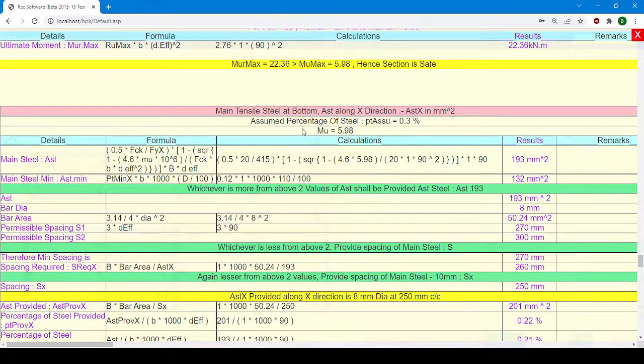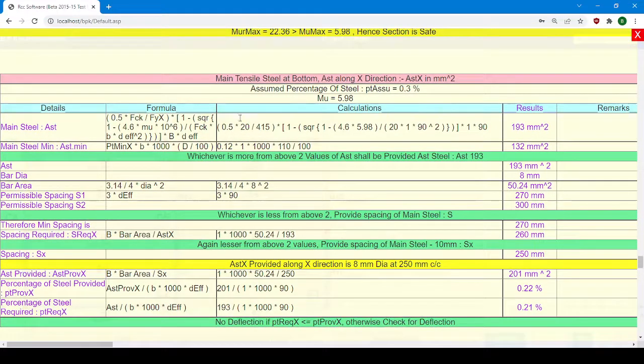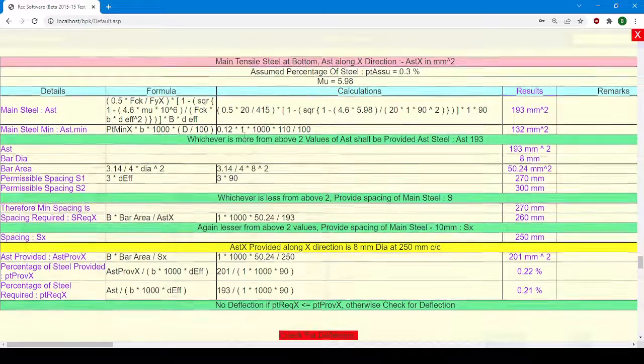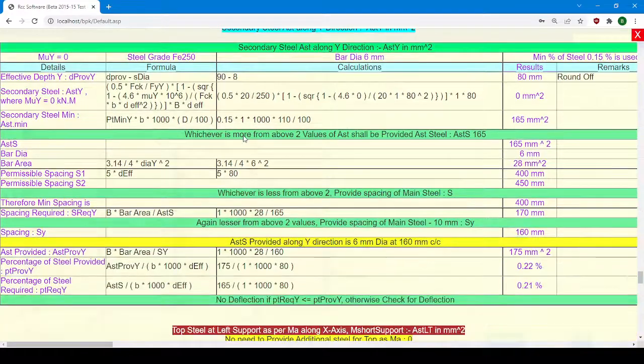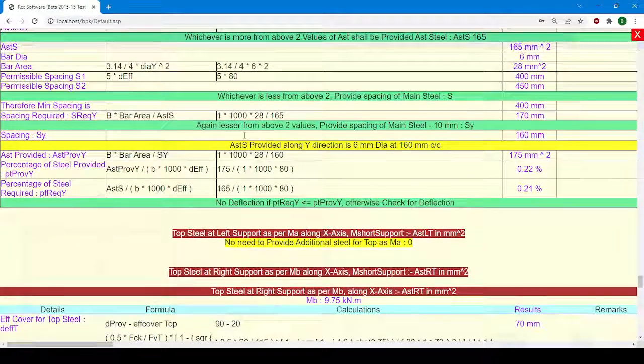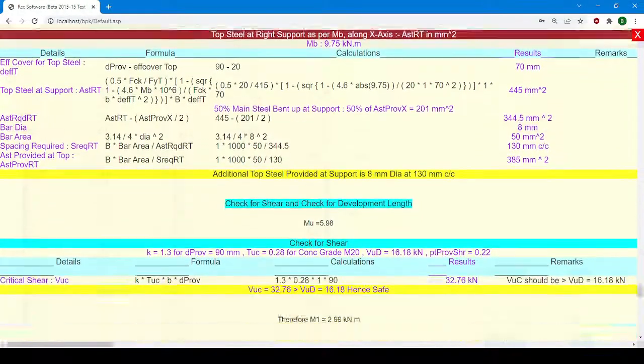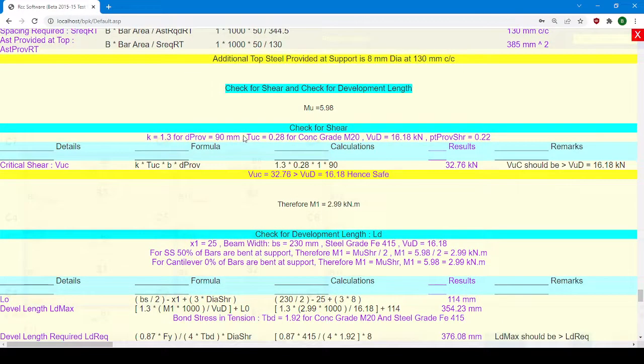Accordingly, we have calculated the steel. We have considered 0.3%, which is self-explanatory. One can go through it. Then deflection check, steel in Y direction, at left support top, at right support top, check for shear and check for development length. Again, for critical shear, if that formula is satisfied, it is safe.